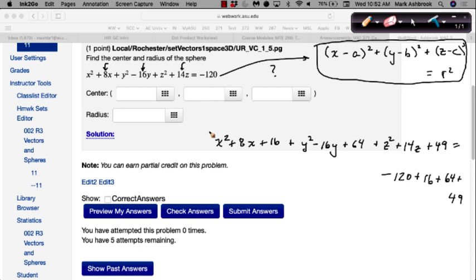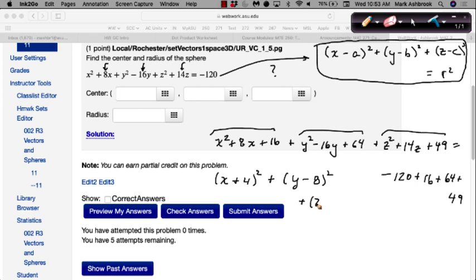So these are perfect square trinomials. What is it? (x plus 4) squared, (y minus 8) squared, (z plus 7) squared equals whatever this is.